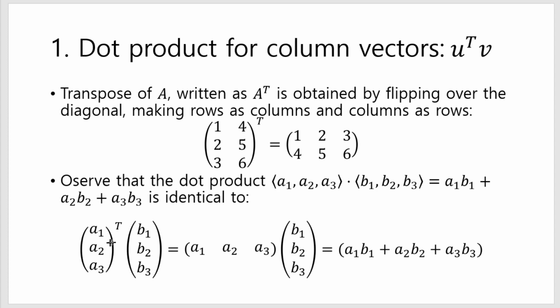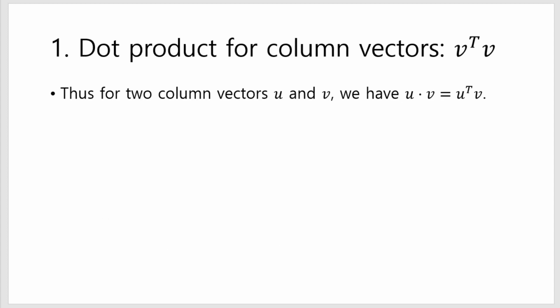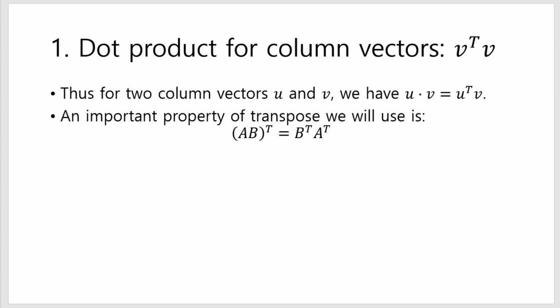If you take the transpose, you get a row vector, and if you multiply these two matrices, you end up with a1 times b1, a2 times b2, a3 times b3, which is exactly the formula for the dot product. Now, the dot product is therefore U transpose V. That's what we're going to use a lot for dot products.